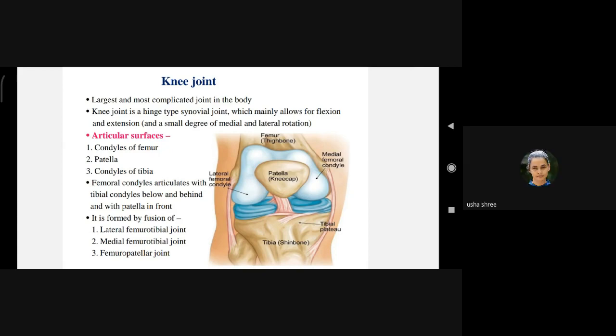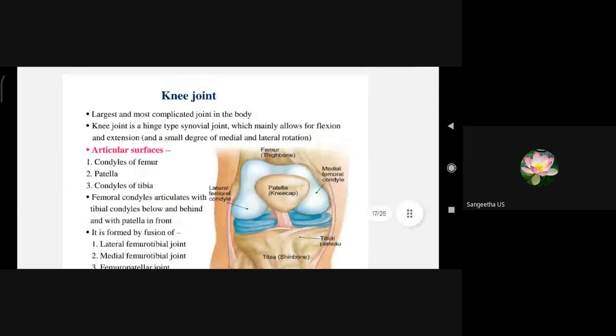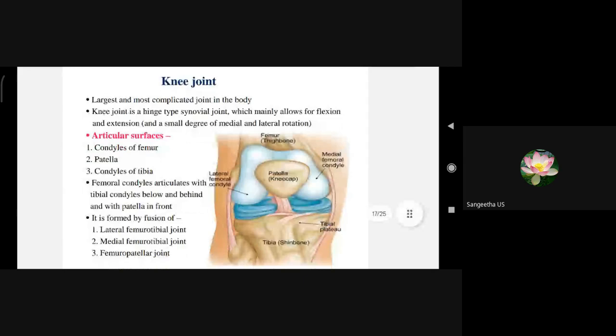Without knee, another 2 examples of hinge joint. Wrist. Wrist can't be a hinge joint.